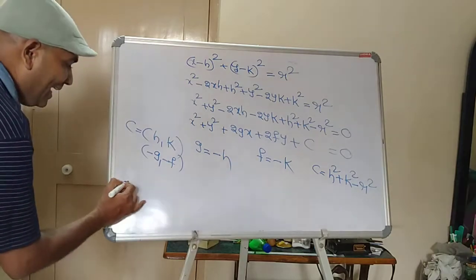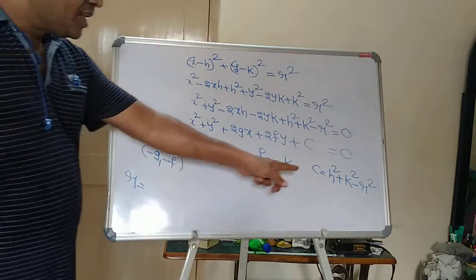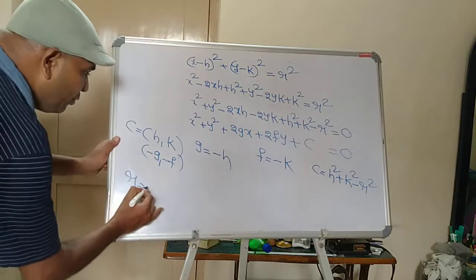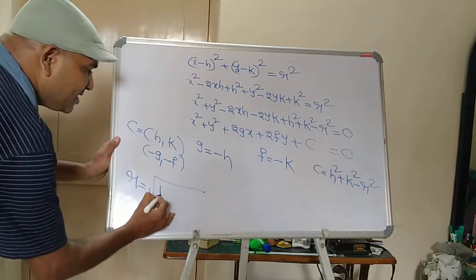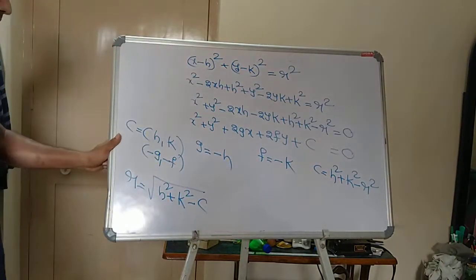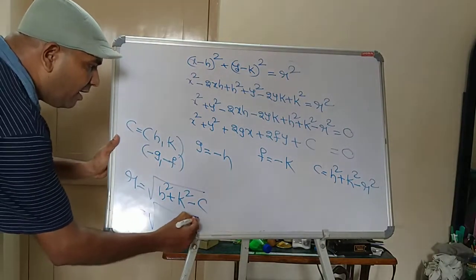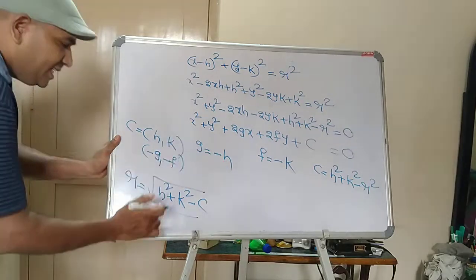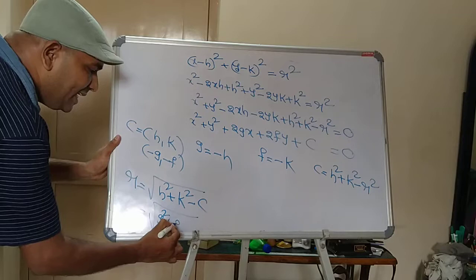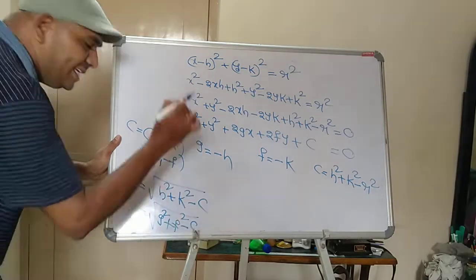Now radius r equal to, we take from this equation, root of h square plus k square minus c. That means root of g square plus f square minus c.